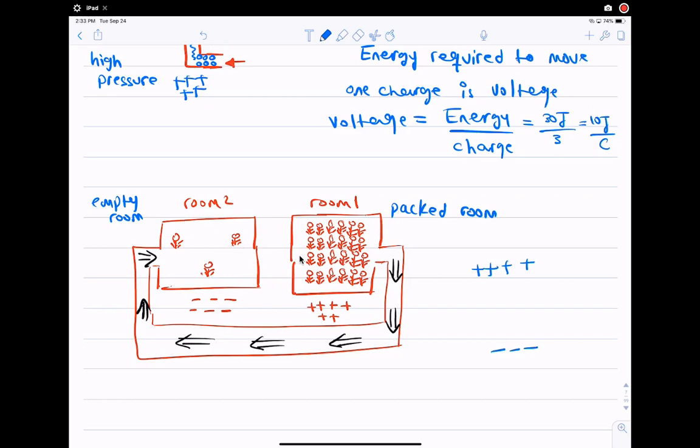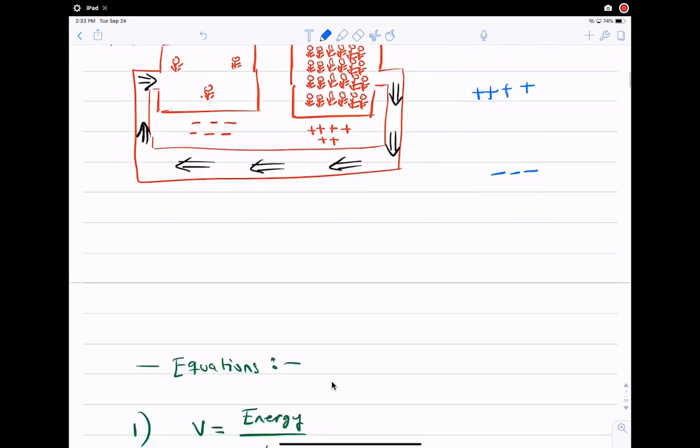I always say the battery, you can think of it as a leader, somebody who organizes people, organizes their movement and has them walk in one direction. And this is what the battery is, a potential difference between 2 points, and charges start to move from this high potential point to a lower potential point.